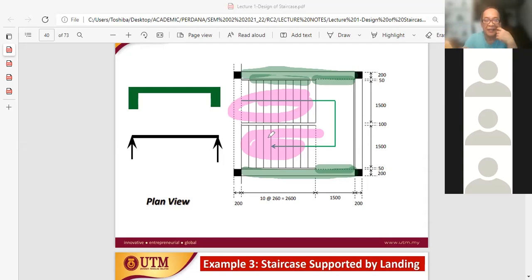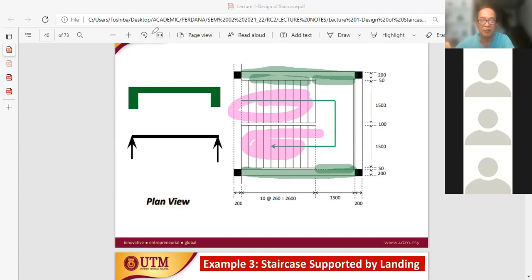And that is one very crucial aspect when we are dealing with staircase. Sebenarnya when we look at example 1, example 2 pun, okay, if saya minta design the beam supporting the staircase, pun sama juga, you still need to calculate the reaction. Cuma dalam contoh 1 and 2 tak ada pun mention design the beam.